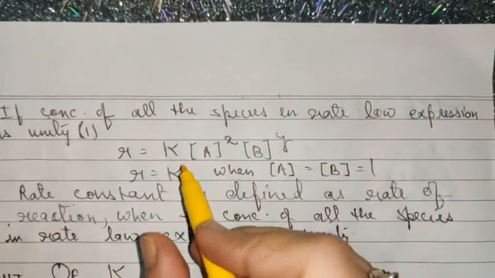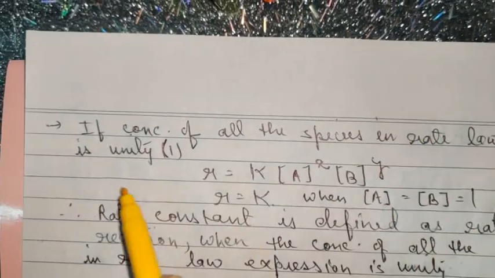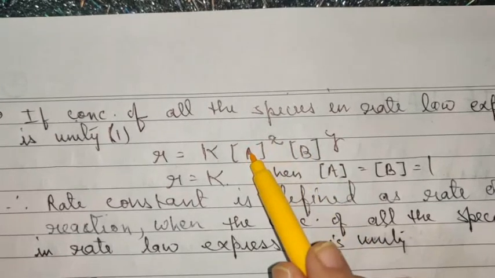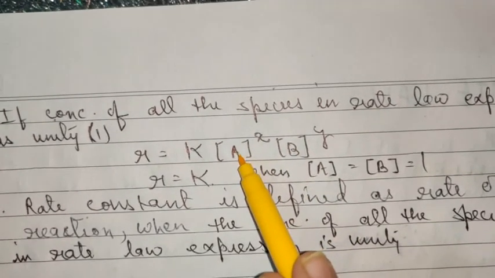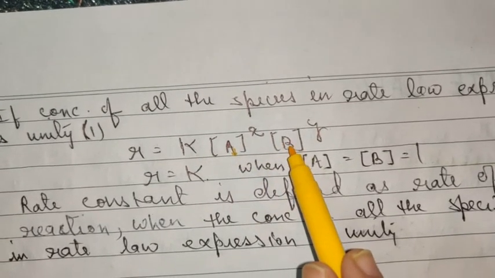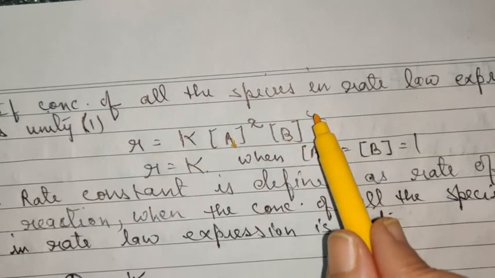if the concentration of all these species in the rate law expression is unity or 1, then what will happen? If you keep the value 1 in place of A and 1 in place of B, then anything raised to the power 1 is 1.